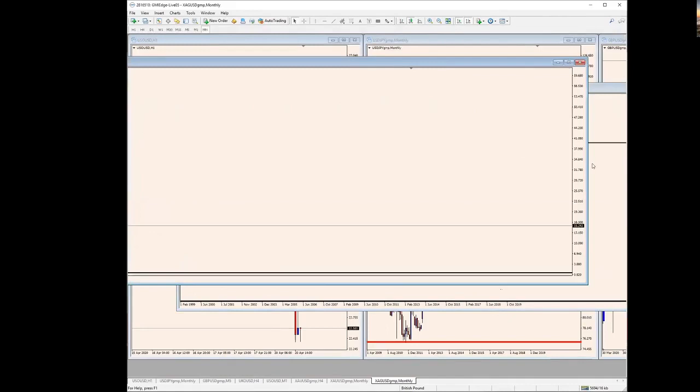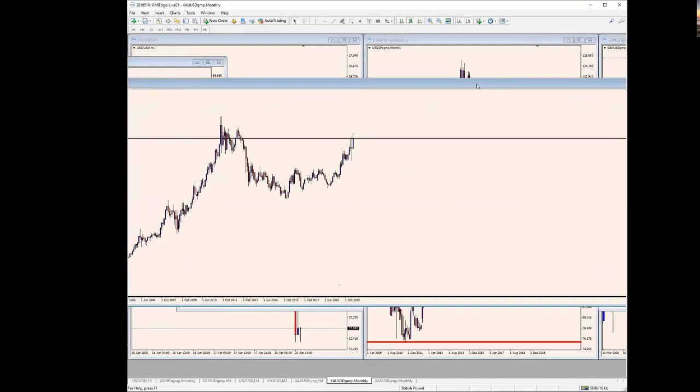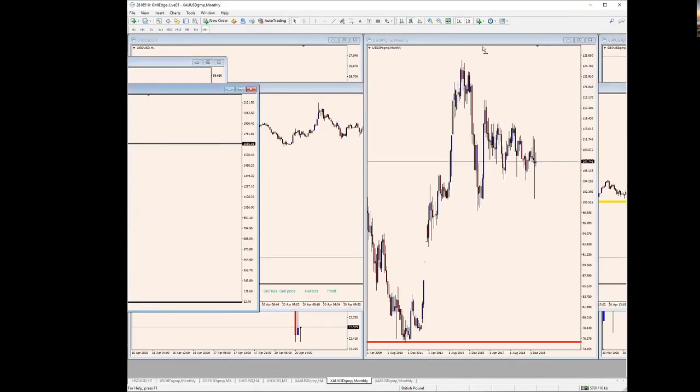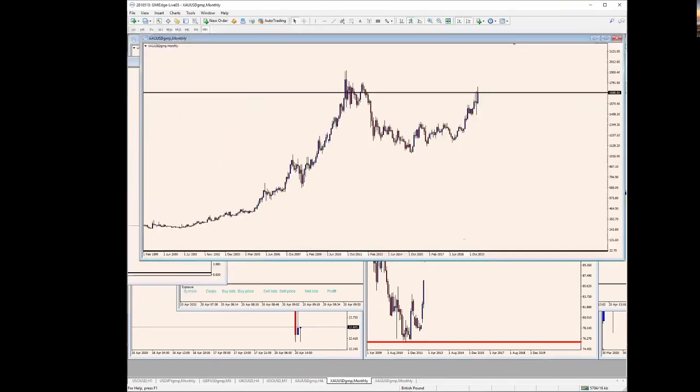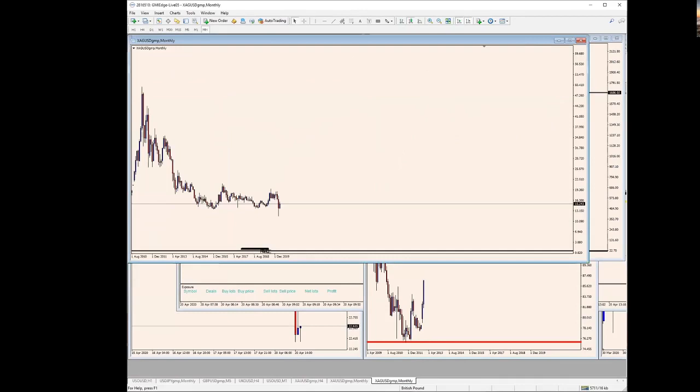Let me share both charts together side by side, then probably you guys can understand. Okay, this is the gold chart and this is the silver chart.